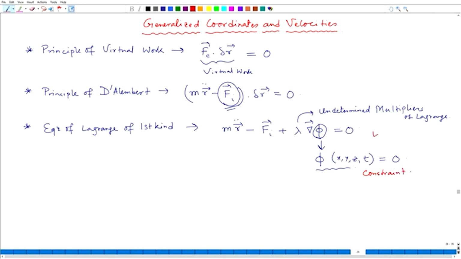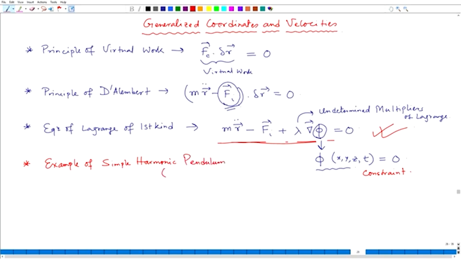So, if you do this type of equation, you do not have to introduce or even mention anything about the force of constraint in a system, and you can simply find the equation of motion for that system. We have discussed the example of simple harmonic pendulum, or simple pendulum.